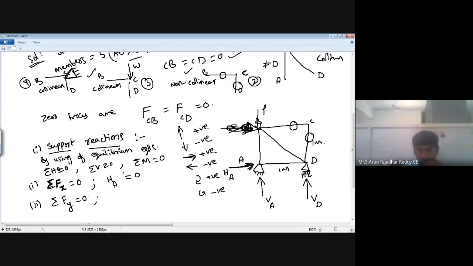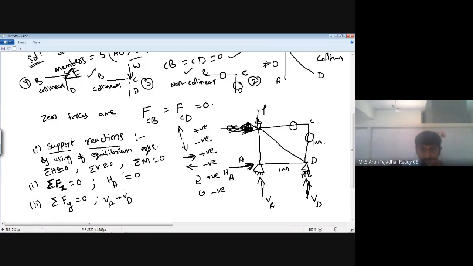Next, Fy, that is vertical forces. VA is one vertical force going in the upward direction, so upward direction is positive, VA. Next, one more vertical force, VD, also in the upward direction, so take plus VD.